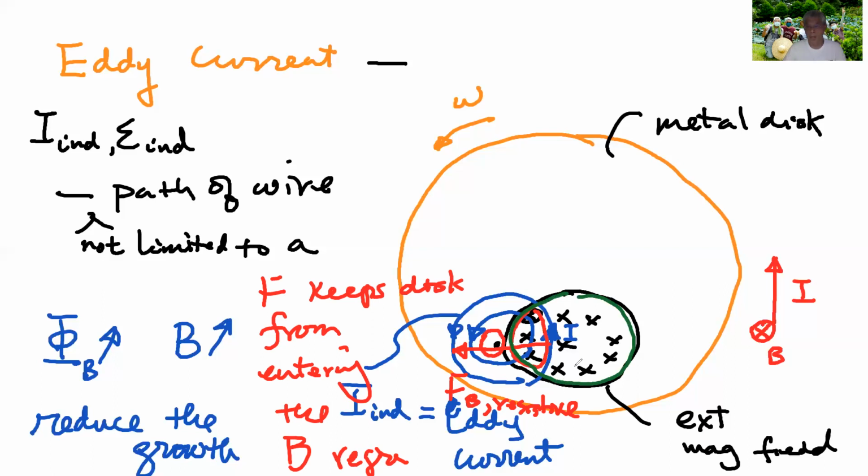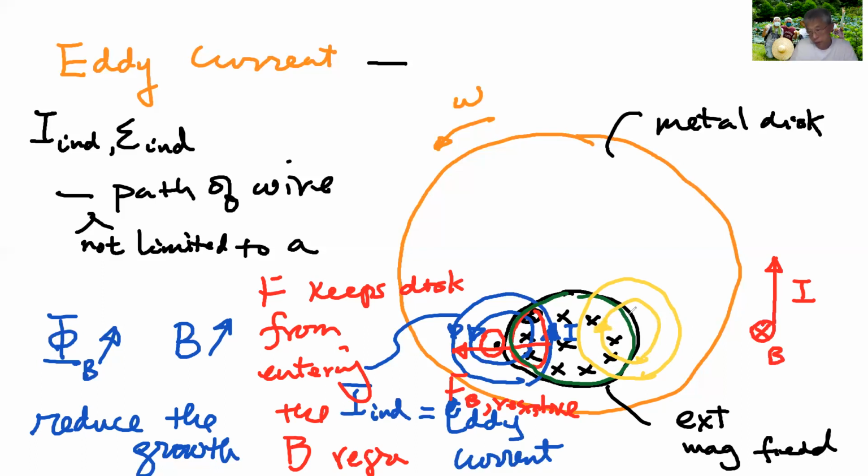And for the same reason, when you are leaving, you will introduce eddy current that will be going in this direction. Let me get another color here, yellow. So there will be eddy current going this way.